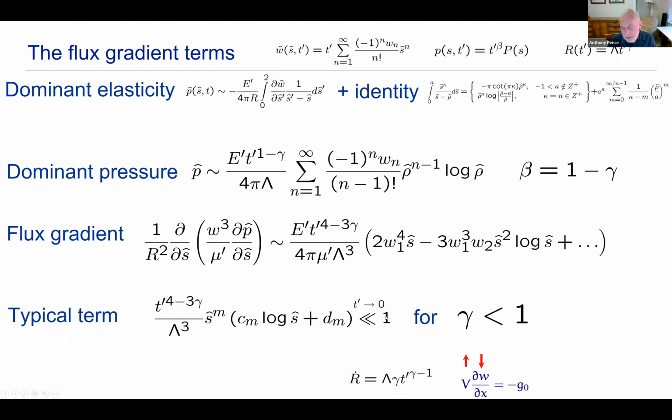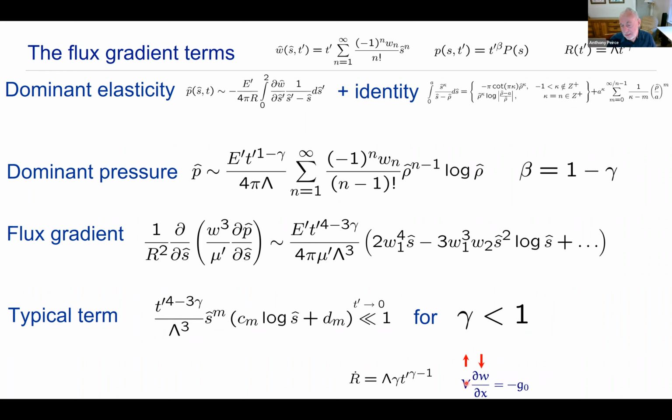And why do I say that gamma should be less than 1? Well, as the fracture is receding, the width is going down, and the width gradient is decreasing, and to match a constant g, the velocity must be increasing in magnitude.